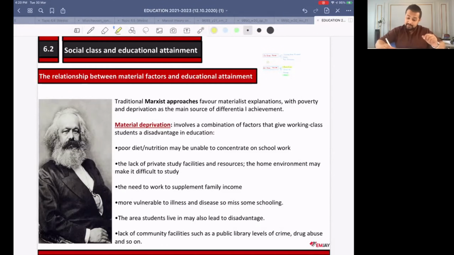We're talking about a combination of factors that give working class students a disadvantage in the education system. To start off, we could refer to poor nutrition. If a child doesn't get to eat proper food, don't you think that is going to affect the child's concentration level? I'll give you a very simple example.